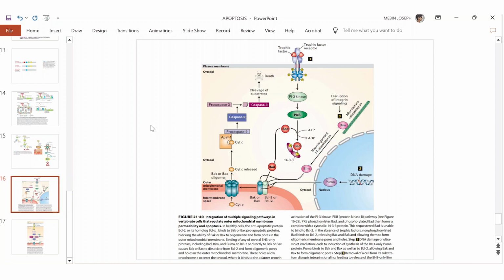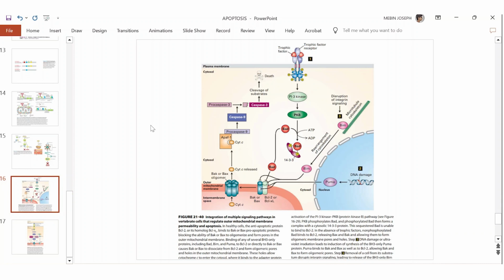Intrinsic pathway basically means that the death stimuli, the cell death signal, is generated inside within the cell only, and after the signal is generated, the apoptosis pathway is initiated by all the three major factors that we covered in the last session. That is caspase, mitochondria, and our BCL2 family proteins.